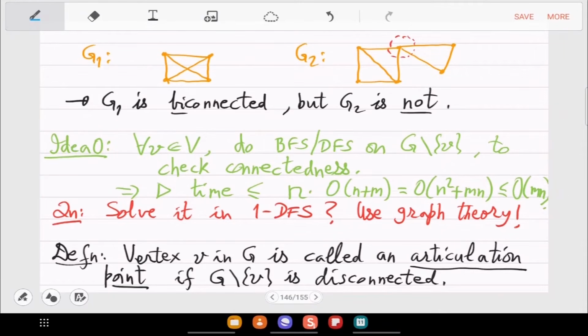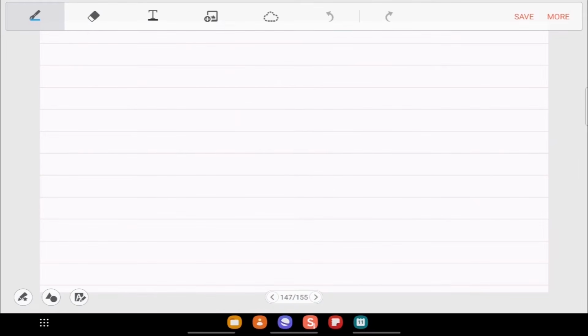So the first property comes almost from the definition. Let's draw that first. If X is an articulation point, then from general vertices U and V, there will be these paths.